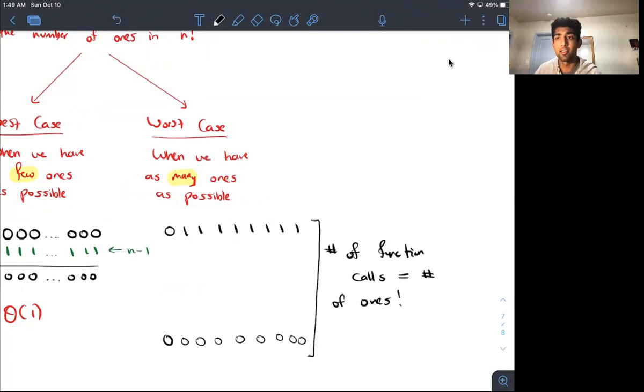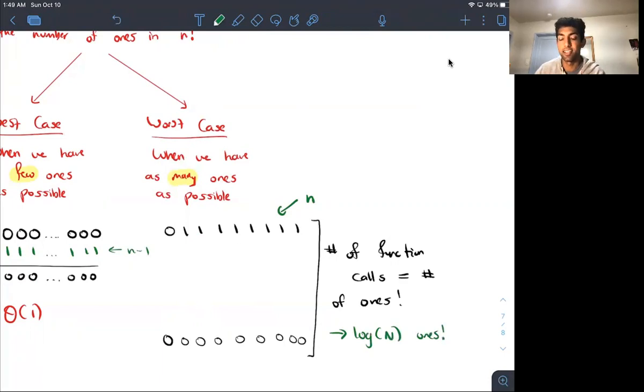Well, how many ones are in a number n, right? So this is actually a pretty tricky question. How many ones are here with respect to n? If I say that this is n, how many ones are there? So the answer is that there's going to be log n ones, right?